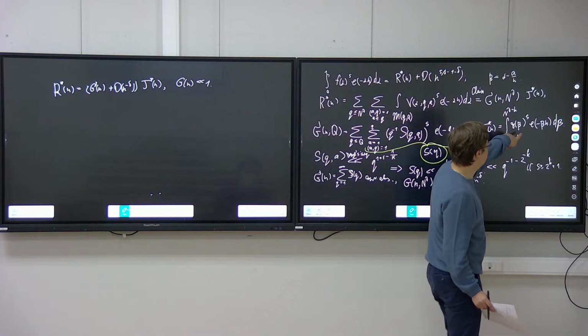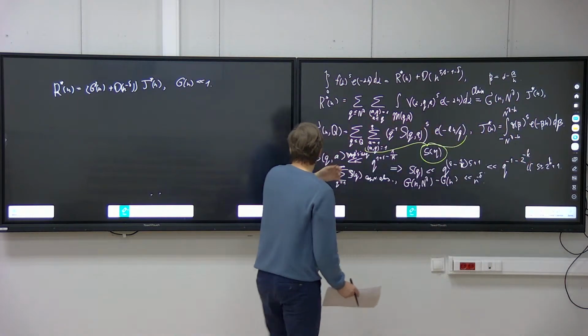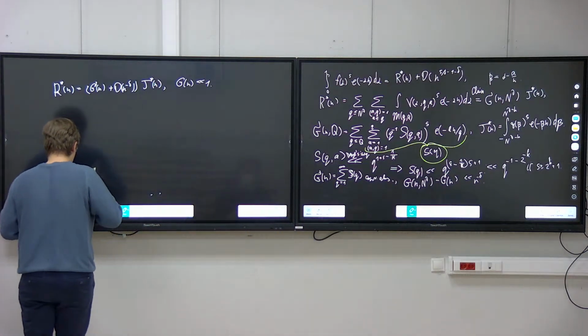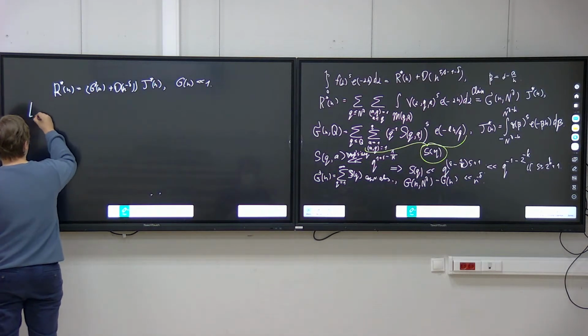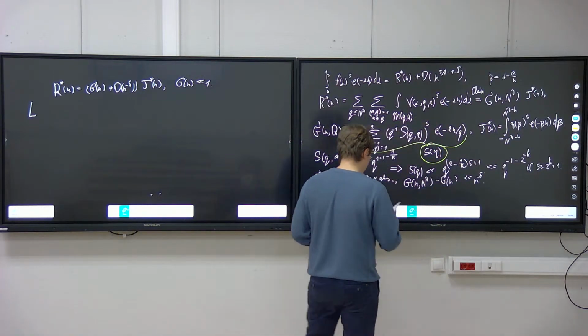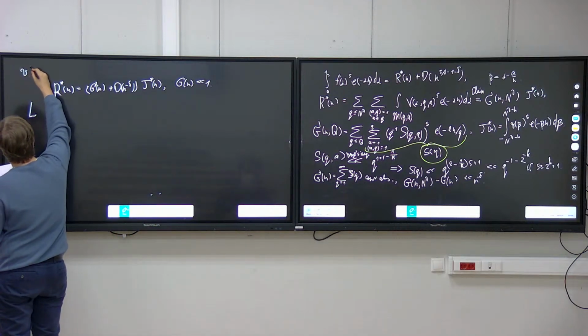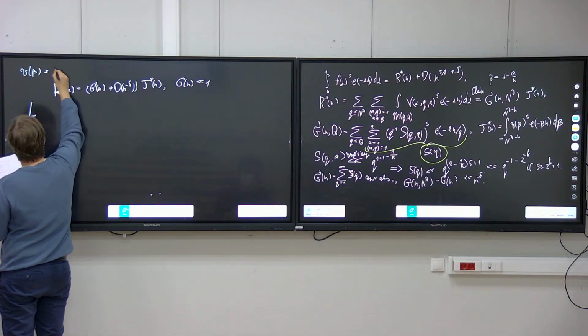So actually this integral is concentrated at the origin, at 0. And the main part we are now going to compute. For this we need some estimates for V of beta. And let me remind you that V of beta is our sum.